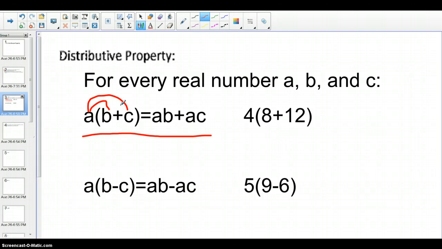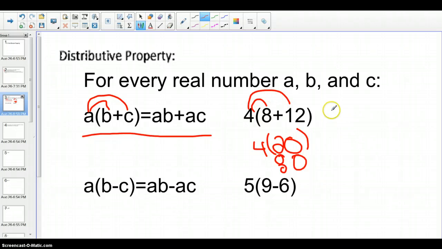So if we look at a real life example right here with some numbers, let's just go over what the answer to this question is. I know based off the order of operations that I can add these two terms together and I get 20. Well, what we're doing is we're multiplying that term by 4, so the answer is 80. What the distributive property talks about is I can take the 4, multiply it by the 8, and I can multiply the 4 by the 12.